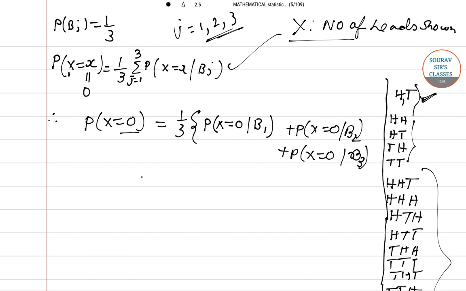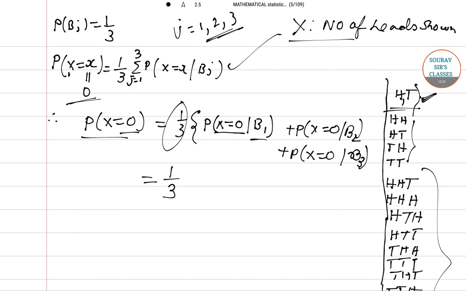So I'll just put 1 by 3 as the probability, which is already given. Now when x equals 0, that is head will be 0 in case of ball 1. So when ball 1 is drawn, we'll just have 1 chance to toss.